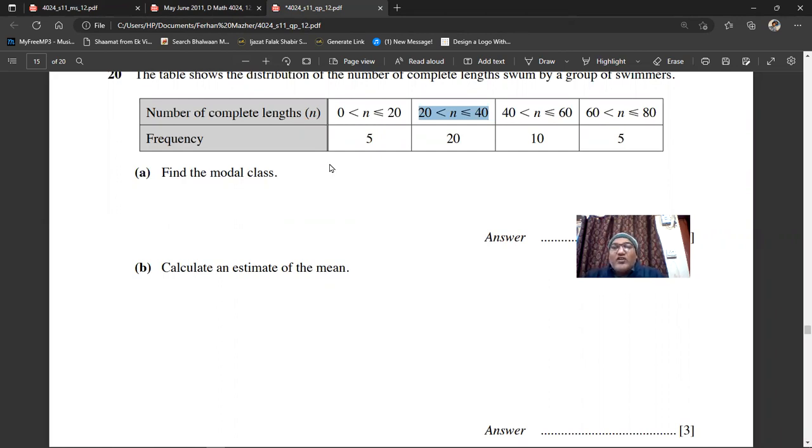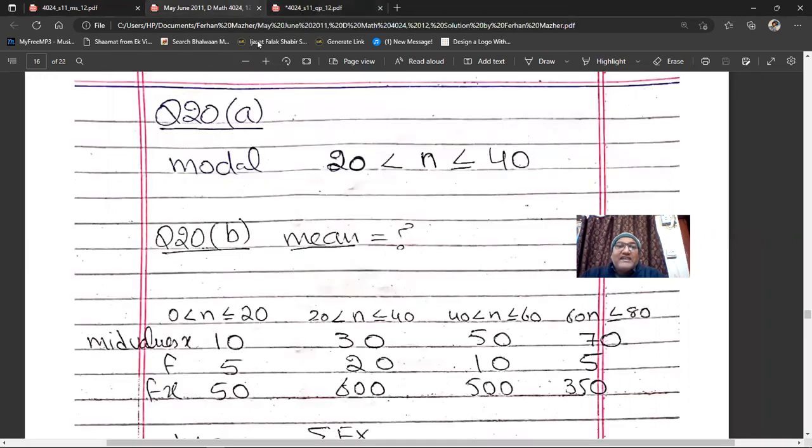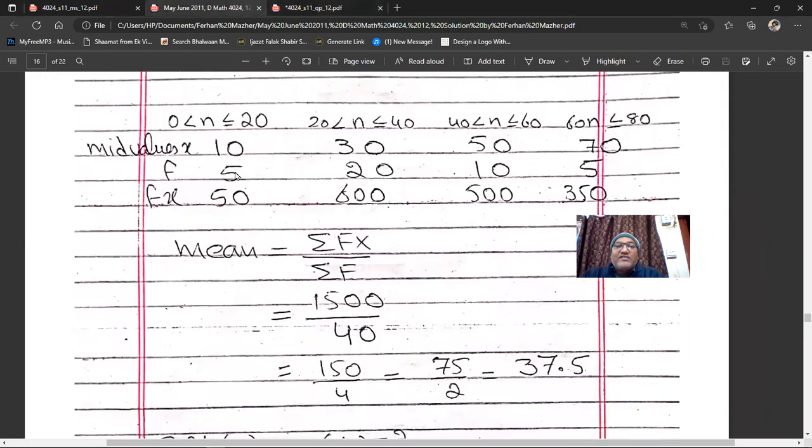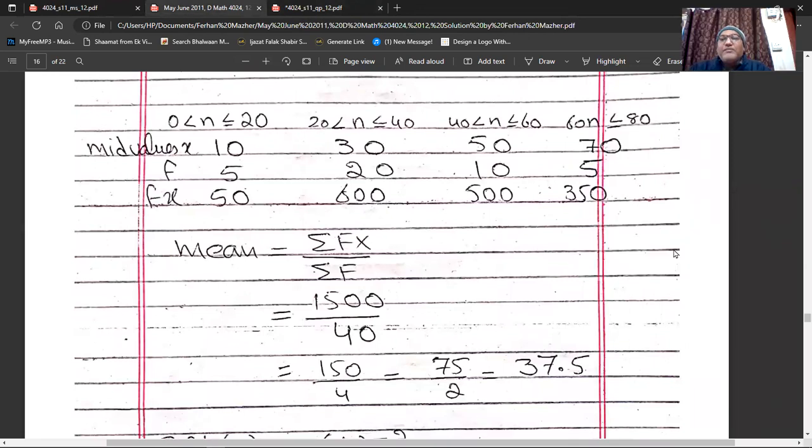So we have to find out the mid value of the class. That will be called x. And then I will multiply that x with the frequency. I will get fx. And once I have the value of fx, I will be able to find out the mean. The formula for the mean is summation fx divided by summation f.